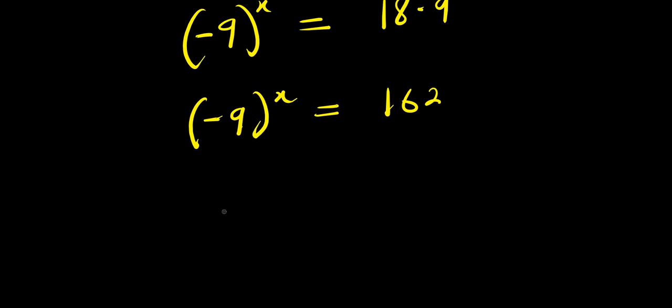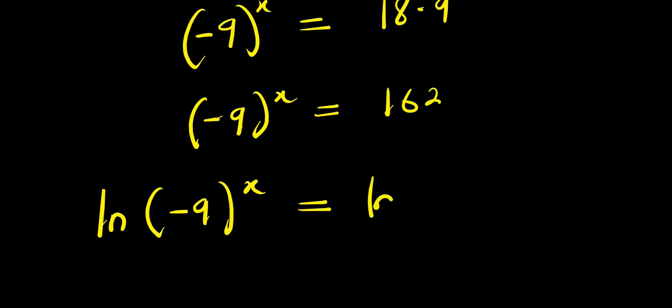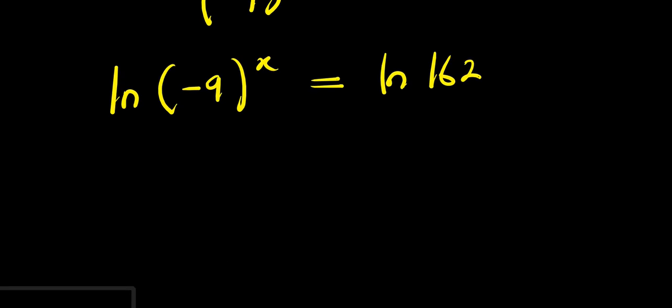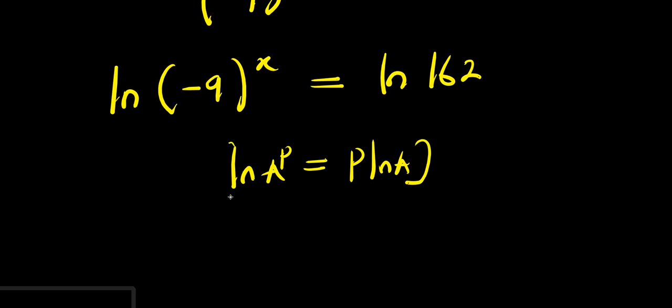So to solve for x, we can simply apply natural log. I have natural log of negative 9 to the power of x equals natural log 162. And remember, if you have natural log a power b, this equals b times natural log a.